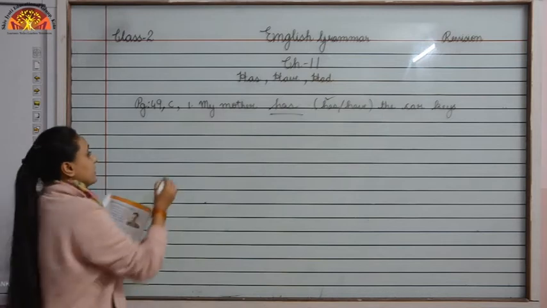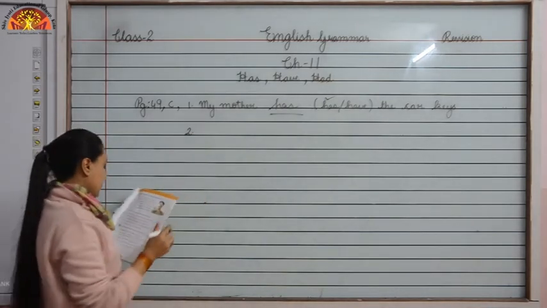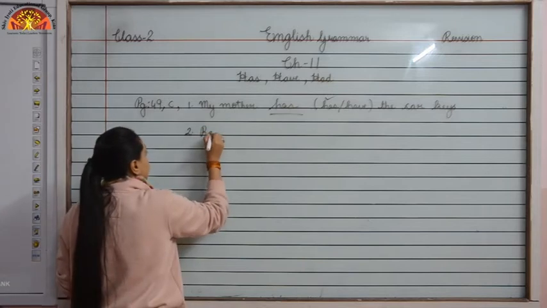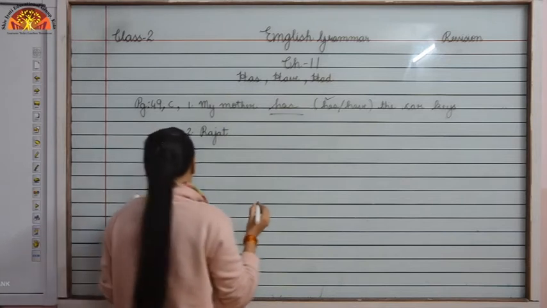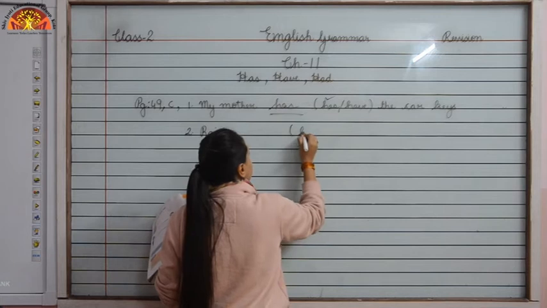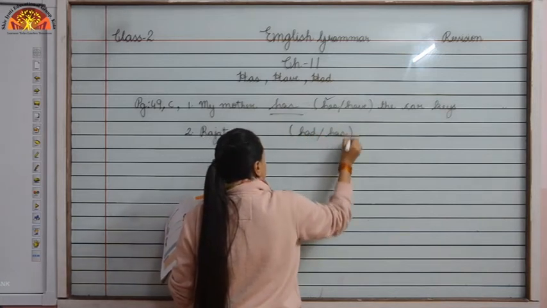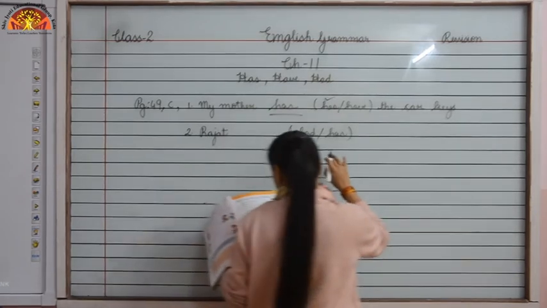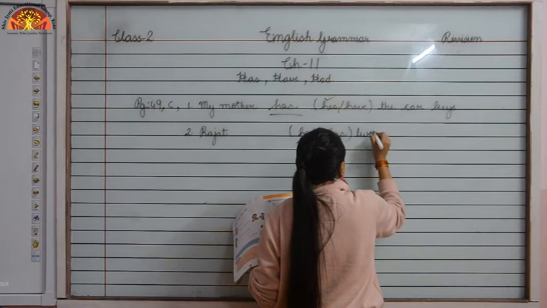Okay, now look at number 2. Rajat dash 2 balloons yesterday, in bracket had and has is given to you.